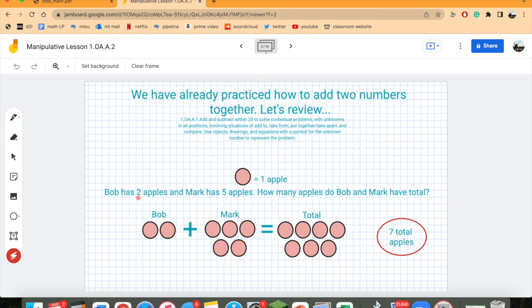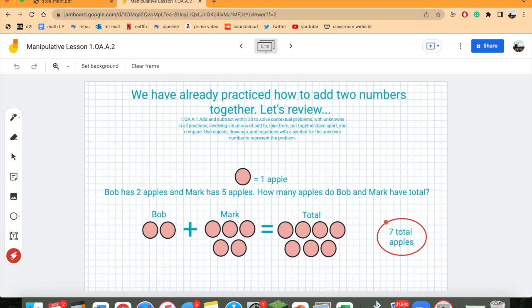So adding 2 plus 5, we have the total apples right here. So let's count together. 1, 2, 3, 4, 5, 6, 7. So we have 7 total apples.